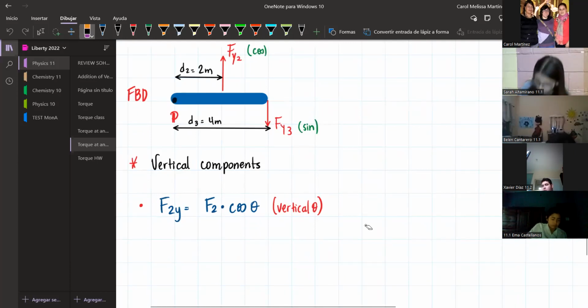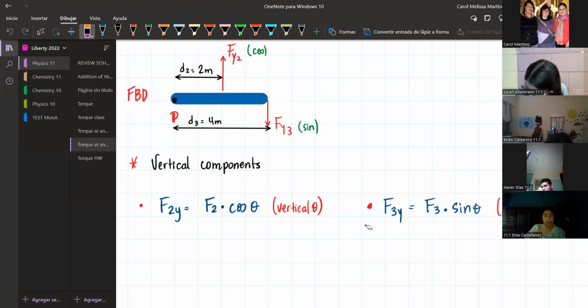The other component, F3y, is going to be equal to the force 3 times sine of the angle. The reason is because this is the horizontal line. Okay. So we're going to make substitution of our givens.